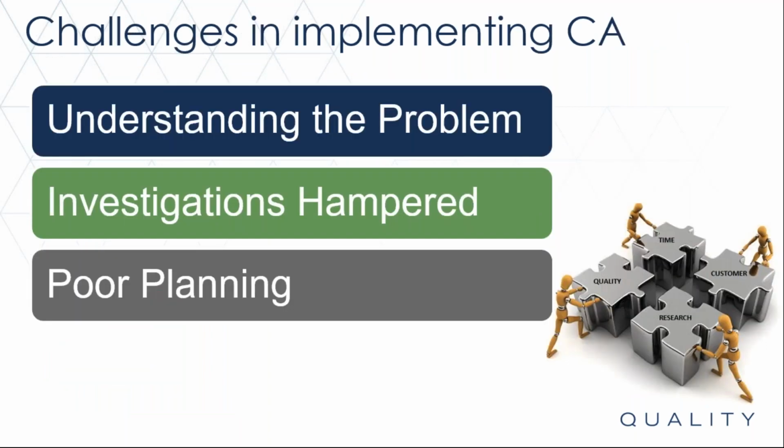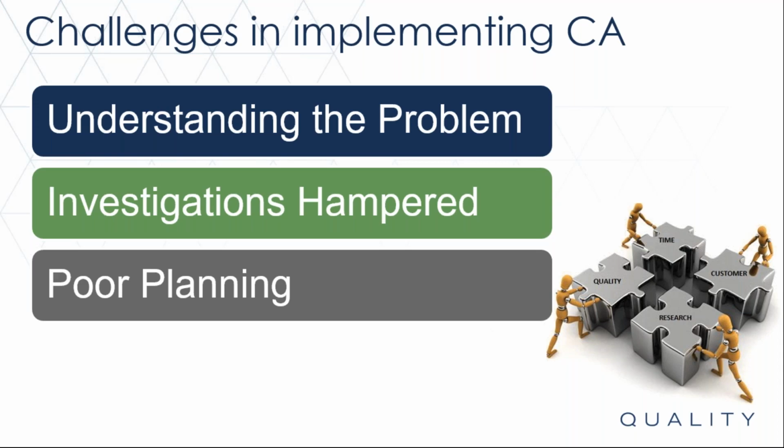Okay. So the next point is that there are some challenges in implementing a corrective action. There are 3 points to it, basically. The most important is understanding the problem. When a customer sends you a complaint, many times you get a lot of complaints coming from the customer that are not written the right way.